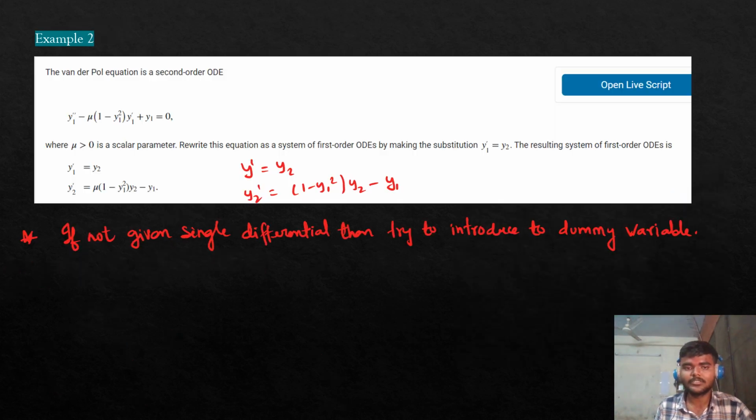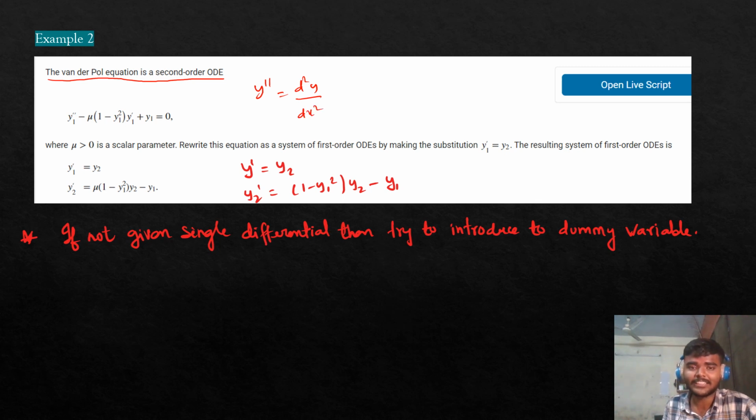Okay, so this is one of the equations. You'll think this is a second order ODE, which means a second order differential is used, making this y double dash. It means d square y by dx square.